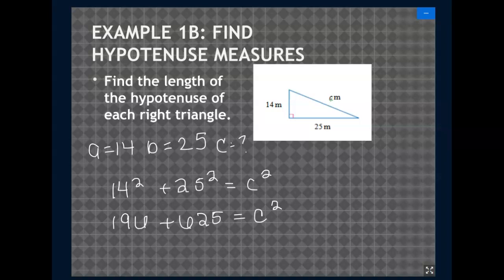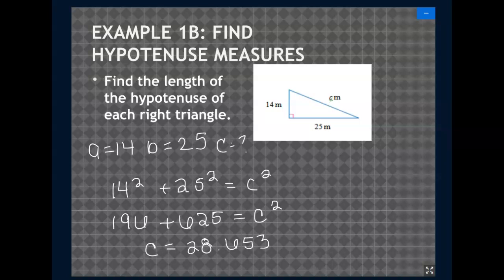So on your calculator, you would use your square root function, and you should get 28.653. I know a lot of you in here will probably end up in calculus.